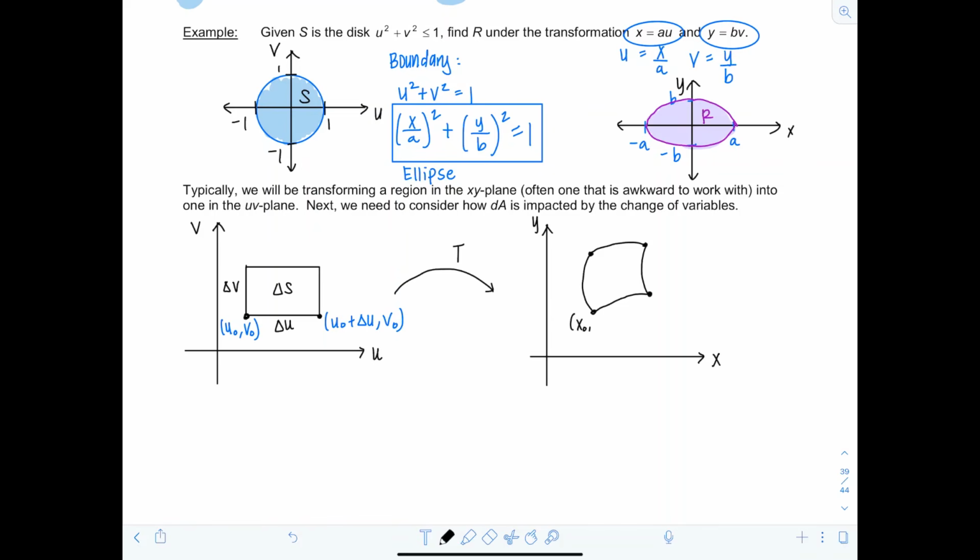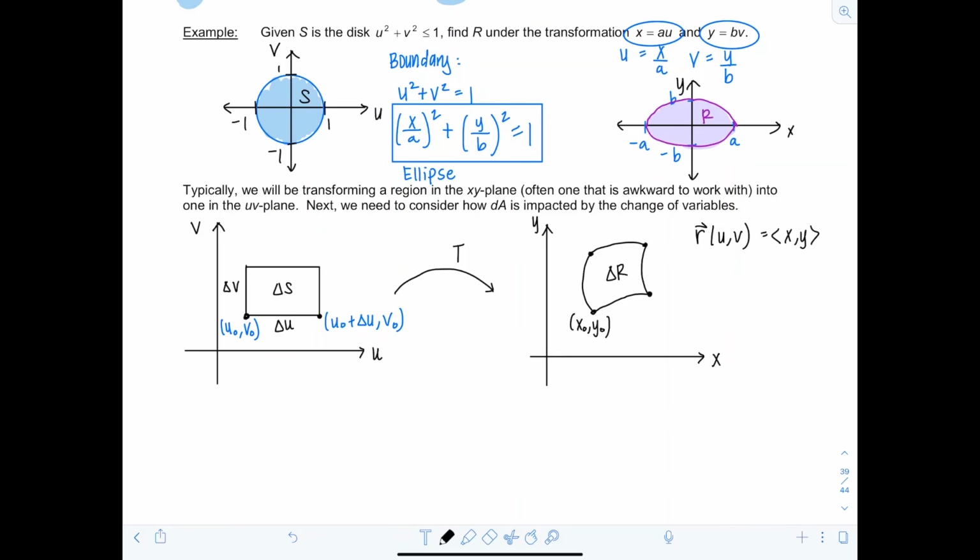And this is x naught, y naught, etc. This is my little delta R. All right, so now I'm going to define r of (u,v) to equal the vector (x,y). So basically, r is the position vector of the image of the point (u,v). So the image or the output of the point (u,v) into the xy plane.